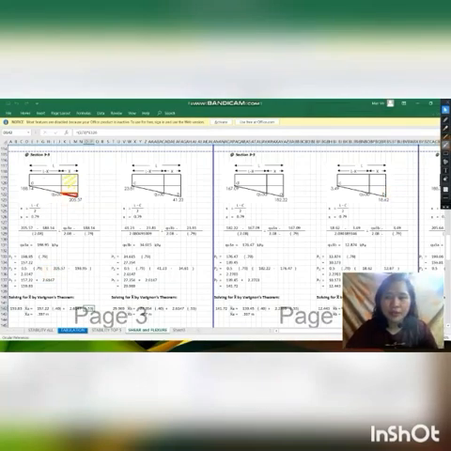So the centroid of our area 1 is this one, our X, and for our area 2, we have this one here. That is our X. So, getting that value, we will arrive at the answer of 0.397 meters.